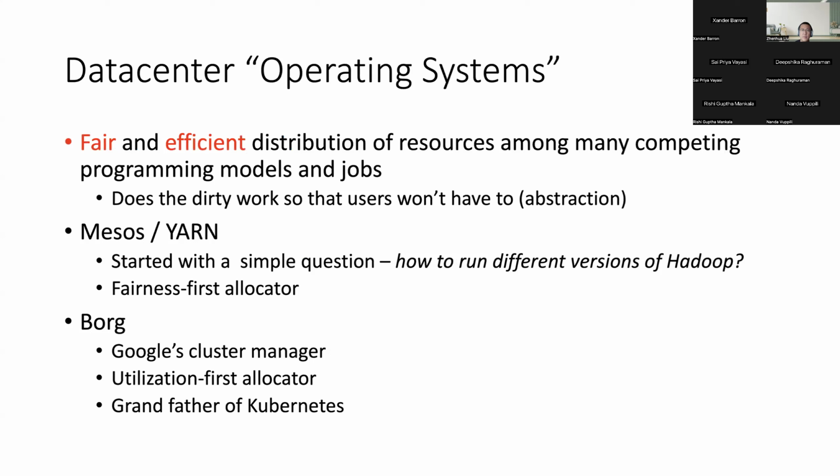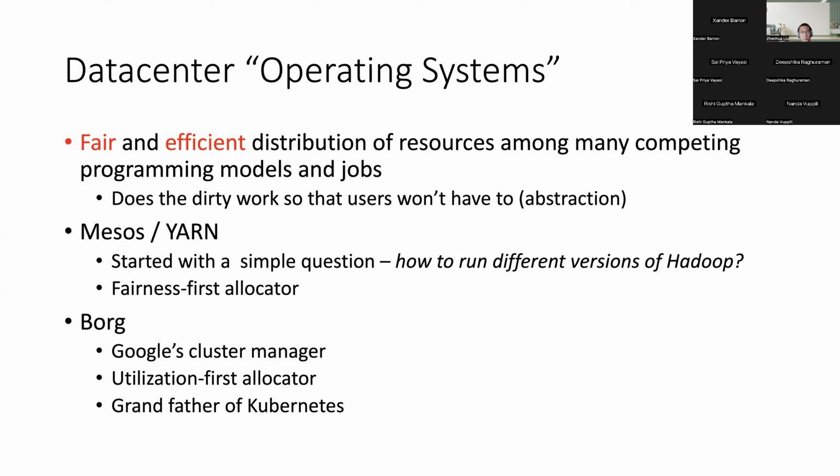And in the data center, as you may have Linux or Mac OS or Microsoft Windows, those operating systems manage the local resources. What we talk about there will be some data center operating systems, like Mesos or Yarn, and Yarn is basically what you encountered in your first assignment.